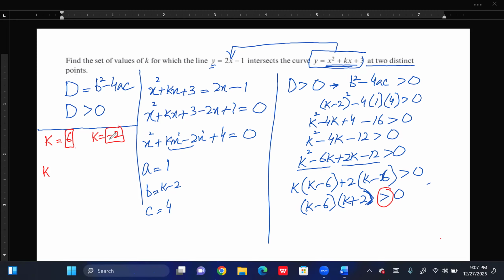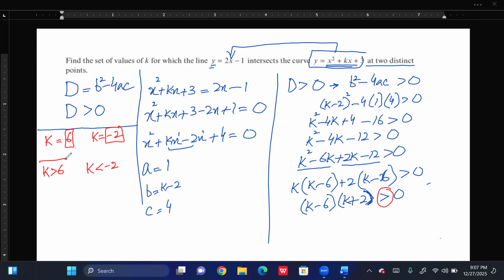For the inequality, you must remember a two-line statement: always the same with the big, change with the small. Your k value is bigger, therefore we write the same inequality with 6. Minus 2 is smaller than 6, therefore change the inequality with the smaller number. It's going to be negative 2.